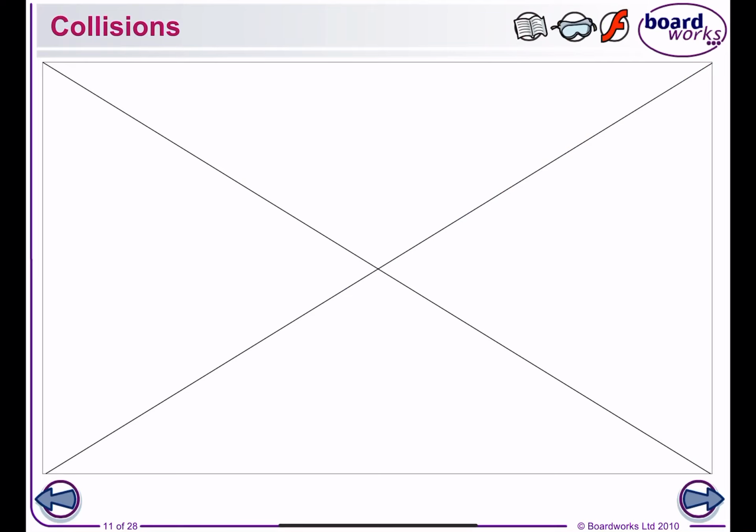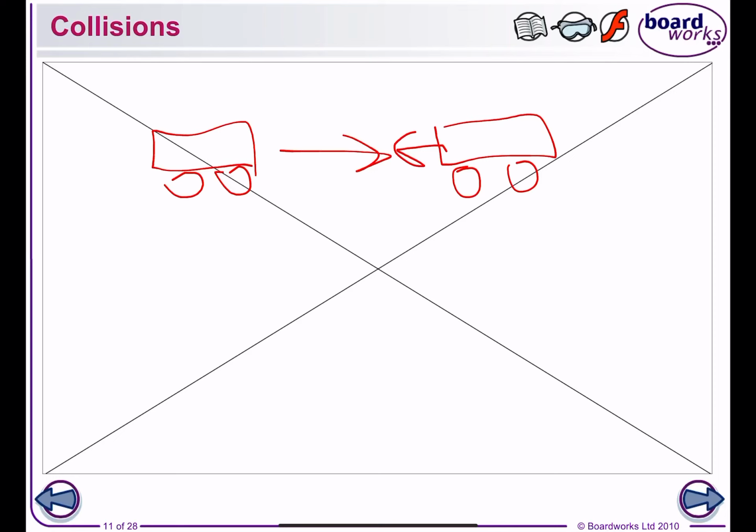Now, of course, what this slide would show us is what happens to the momentum. The momentum afterwards has to be the same as before. That's what all of these questions are working on. It must be conserved. So let's say both of these trolleys had a mass of 2 kilograms, both of them, okay?